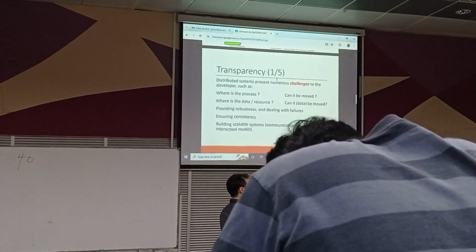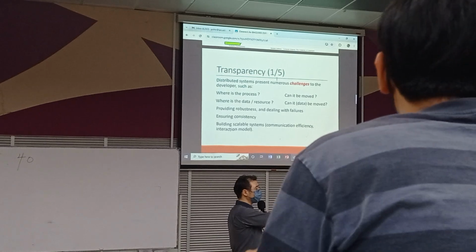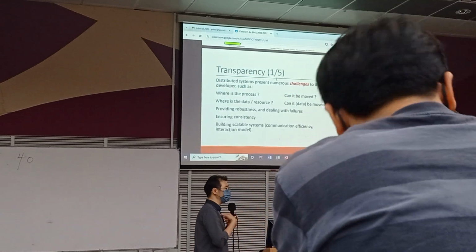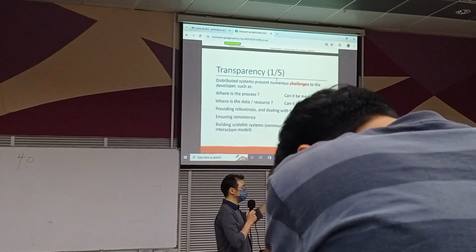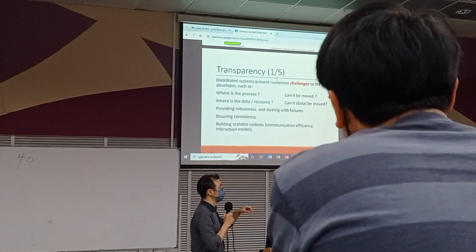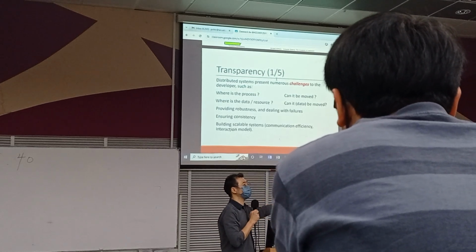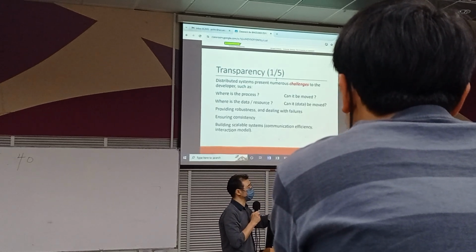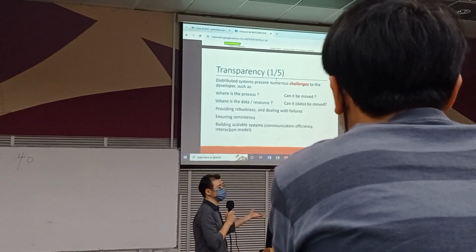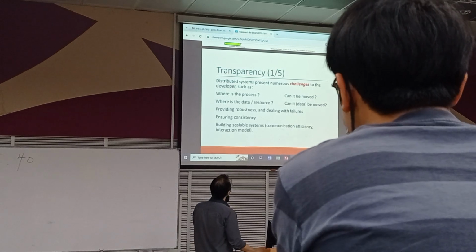It can run on a computer in Malaysia, or it can run in America. It can run anywhere, but it's transparent to me. It's not transparent to the system, but it's transparent to me, because when I access it, I don't need to know all the details, where my system is, where my data is. I just need to know whether I can compute and solve the problem, and whether I can get the result, right? So that is the meaning of transparency here.